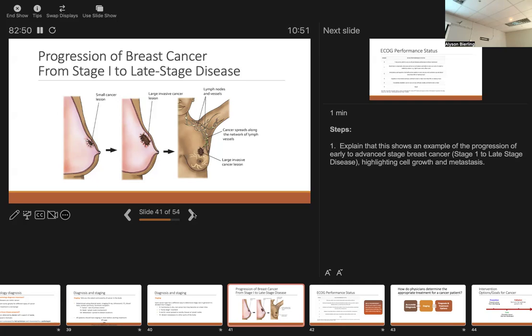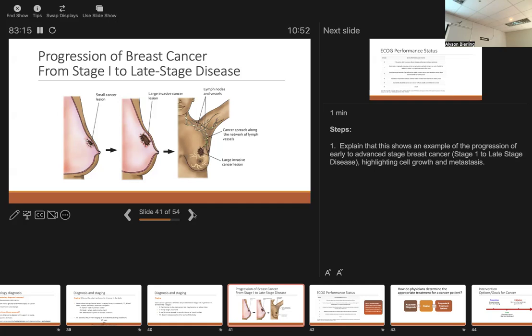I don't remember off the top of my head, but T1 for breast cancer might be a tumor that is less than 5 millimeters. T2 might be a tumor between 5 to 10 millimeters. T3 might be a tumor greater than 10 millimeters.